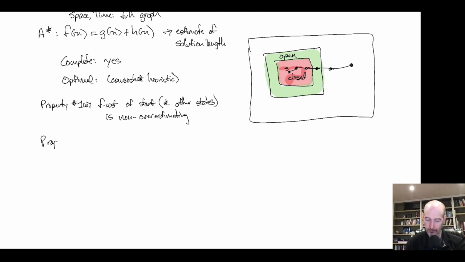Property 1B, which is the main property one, is that the F costs and the G costs along any optimal path to any state are monotonically increasing.